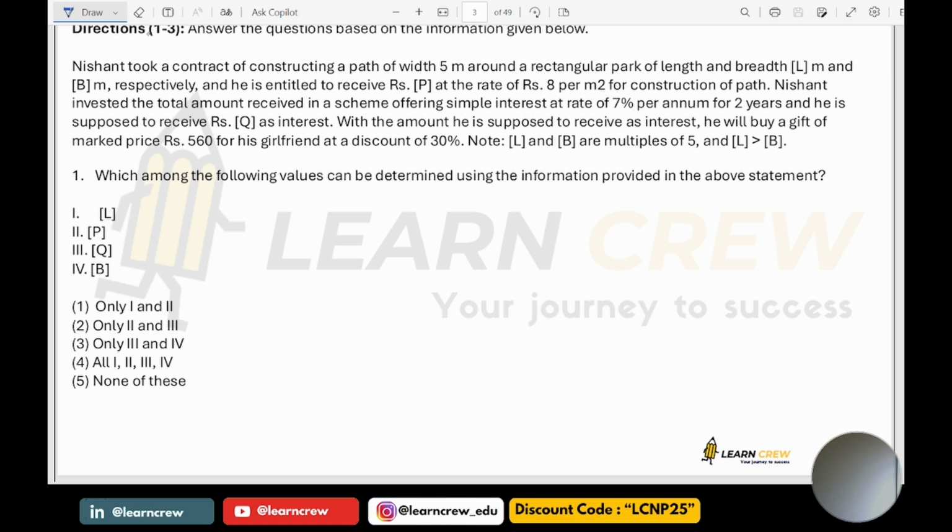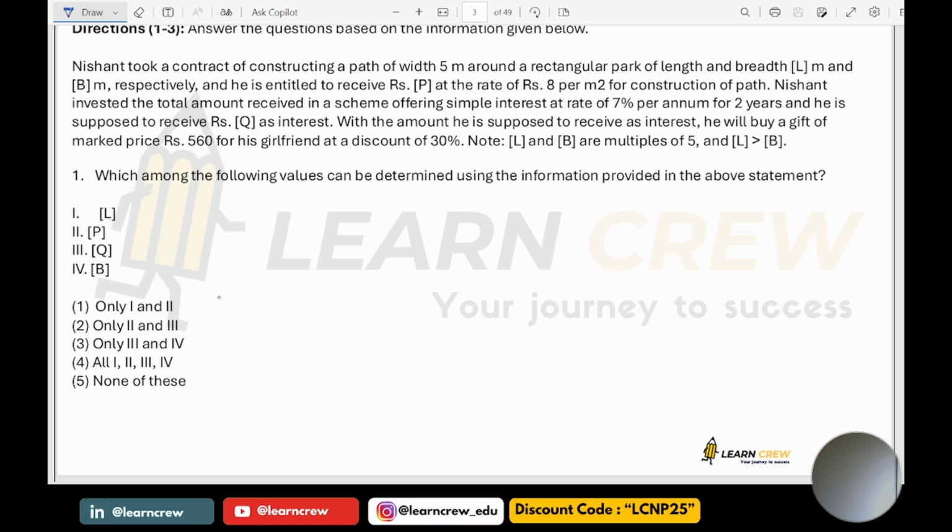Nishant invested the total amount received in a scheme offering simple interest at the rate of 7% per annum for 2 years, and he is supposed to receive Q rupees as interest. With the amount he receives as interest, he will buy a gift of market price 560 rupees for his girlfriend at a discount of 30%. Note, L and B are multiples of 5 and L is greater than B.